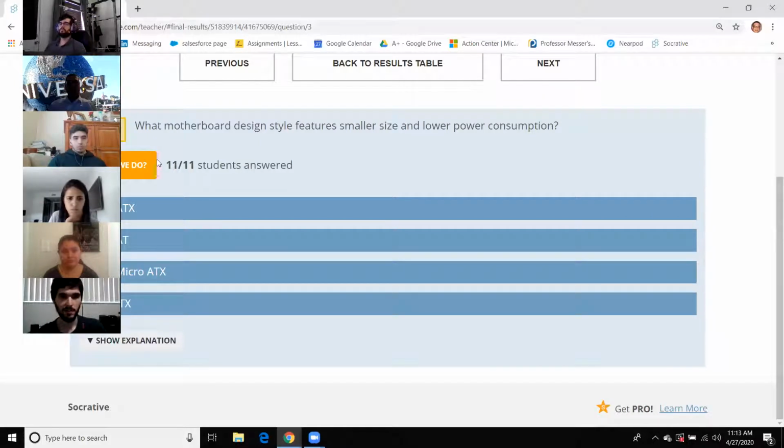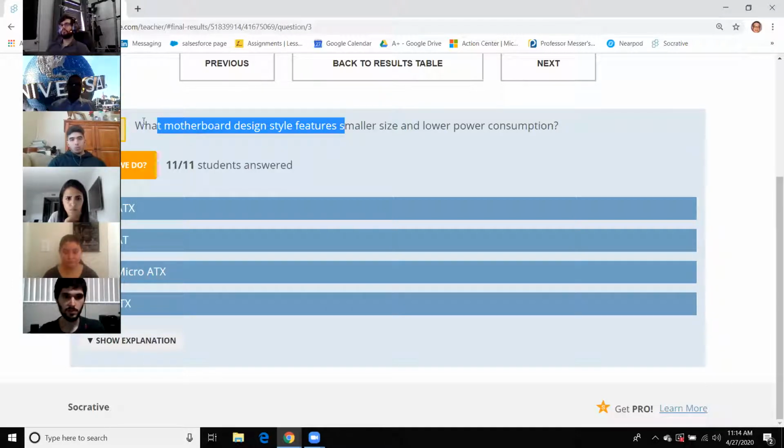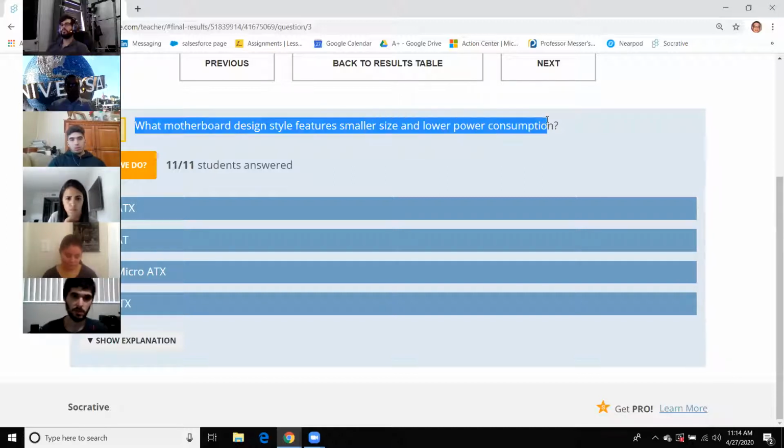Carlos. One motherboard design style features smaller size and lower power consumption. I answered micro ATX. C. Okay, we're talking about motherboards, and unfortunately, the question is a little bit vague. Does it say at any point that I'm talking about a laptop?